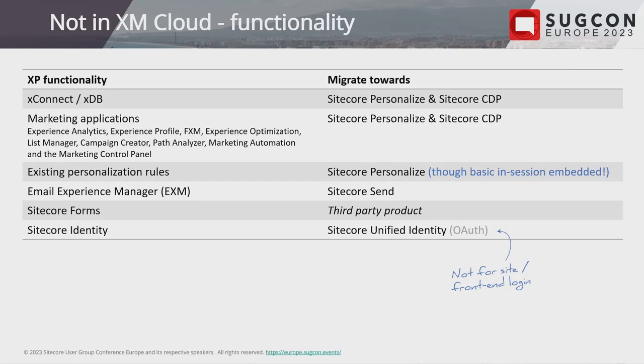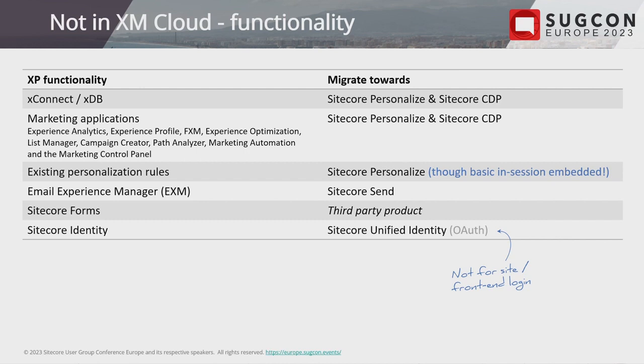I know this has been shared before, so I'll go over it briefly only. But the things, functionality-wise, that are not compatible with XM Cloud are XConnect and everything related to marketing applications. So you might want to replace that with Sitecore Personalize and/or CDP, depending on the functionality you use.